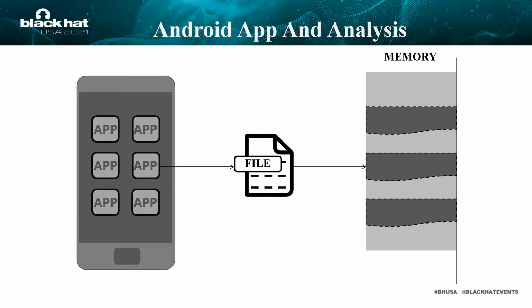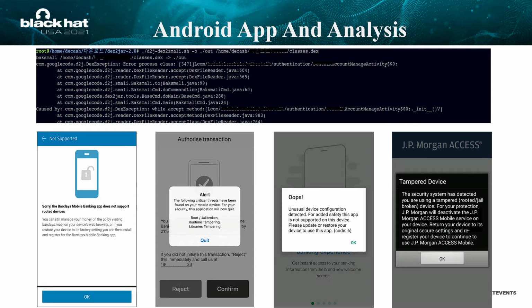So applications that handle sensitive information such as banking, gaming, and healthcare adopt security techniques to protect themselves from analysis and attacks. So if you try to analyze an app protected by RASP, you will be detected and blocked, as shown in the picture here.